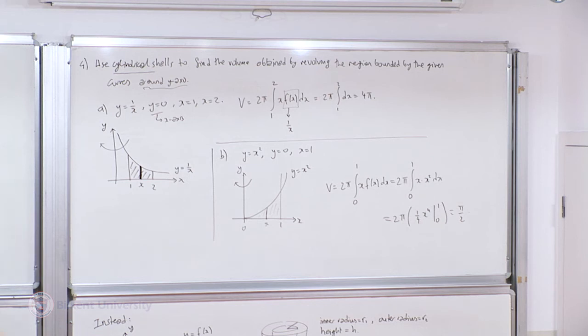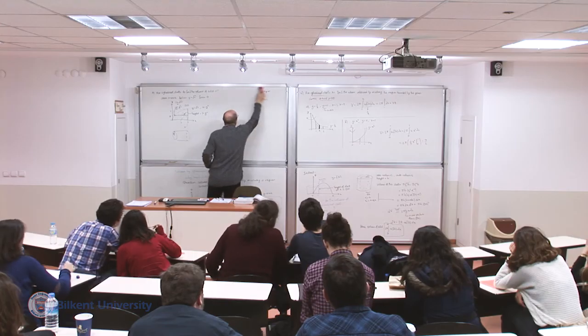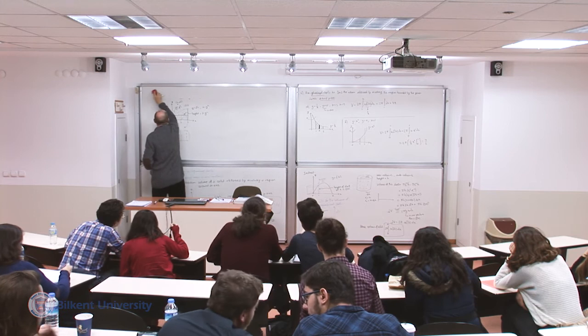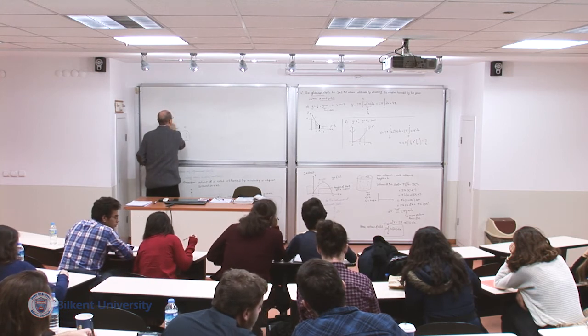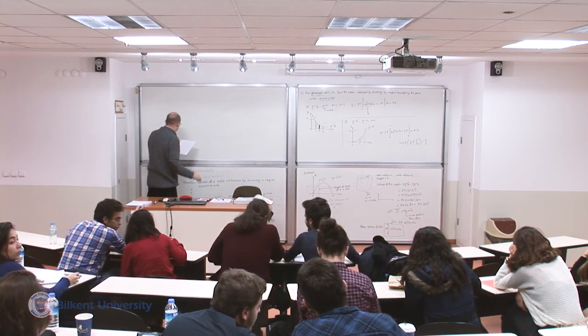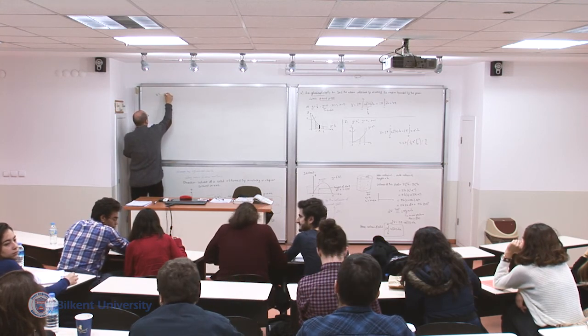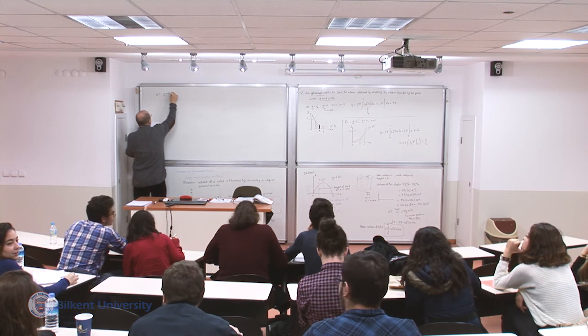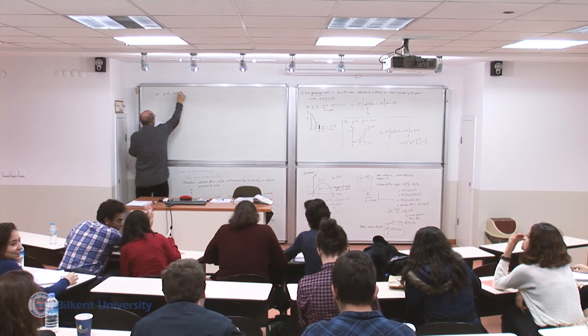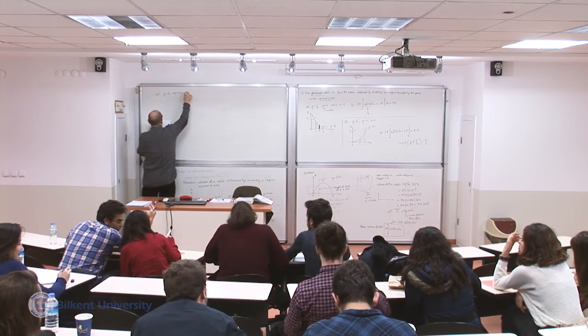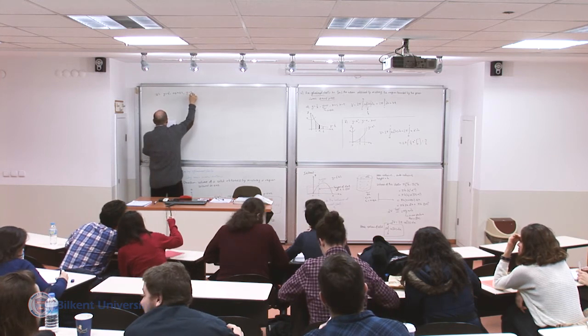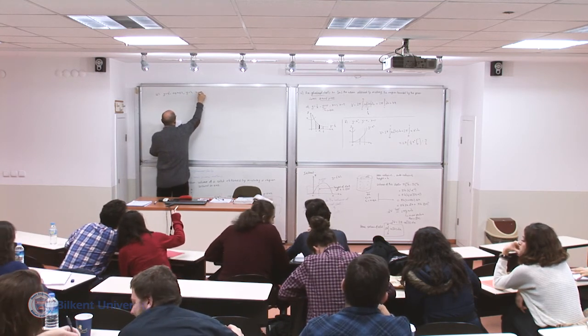Okay, so in the remaining ones, let us set up the integral. So C: y equals x squared, x is between 0 and 2, and y equals 4, and x equals 0.